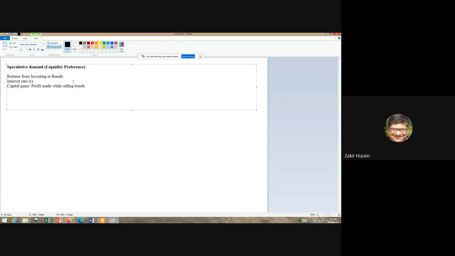Now, this interest rate is the coupon rate, right? So when you're buying the bond, the certificate will say that you're going to get so many rupees. They will specify 10%, 15%, 6%, whatever, but the face value is so much. So the interest rate, the coupon rate, is based on the face value.